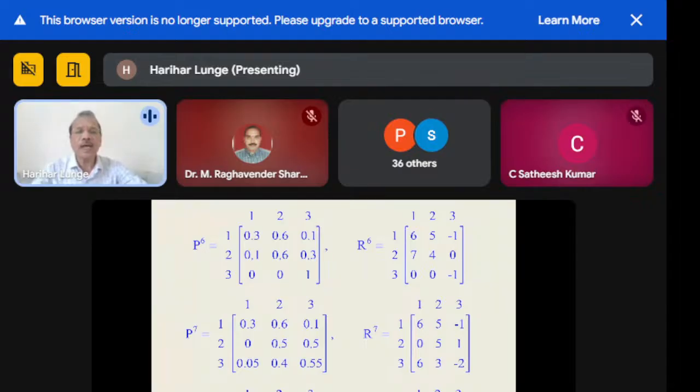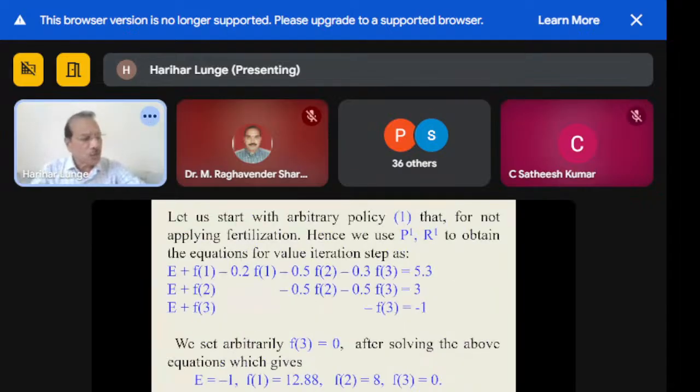Now all these 8 matrices are used. Here, using the original policy iteration method, which indicates to select the policy arbitrarily, suppose we arbitrarily select the first policy, do not fertilize.